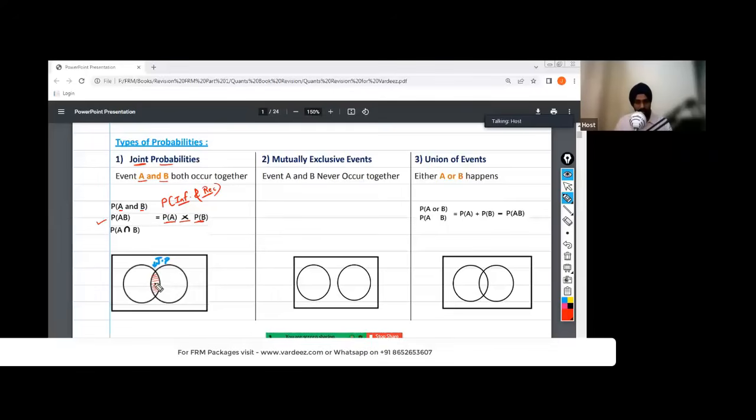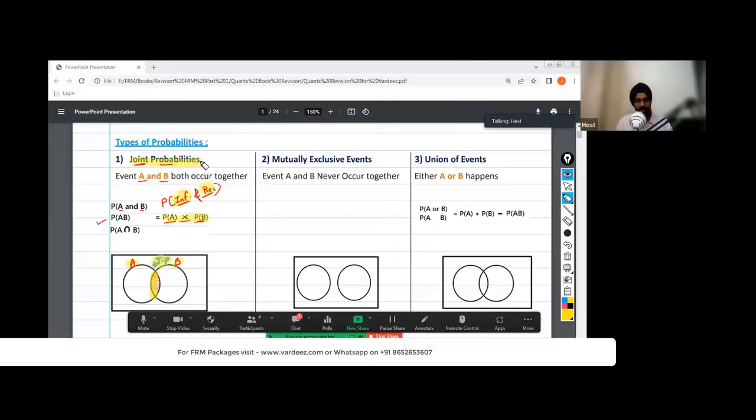Let's say this is A and this is B. Where they join, that is going to be my joint probability, this area. Now, this is inflation, this is recession. So take their individual probabilities, multiply, and you get your joint probability.